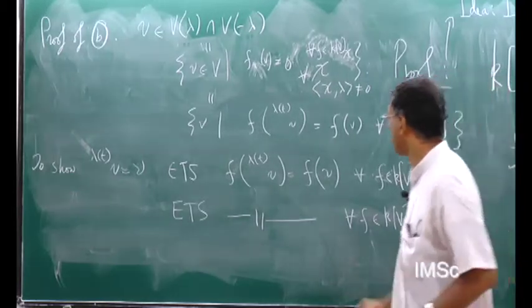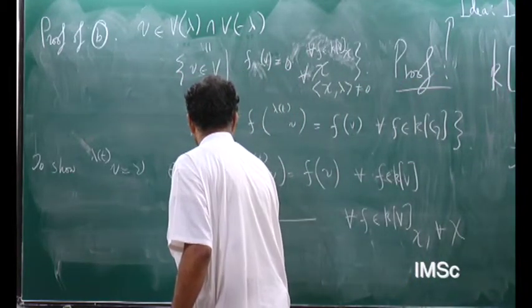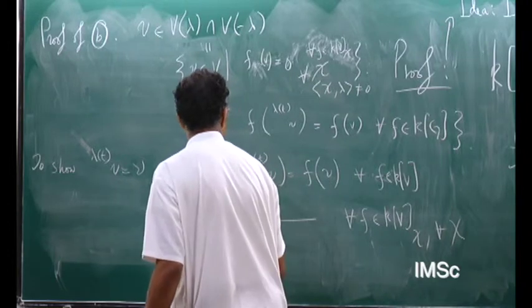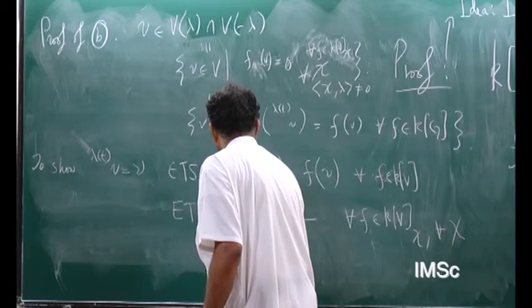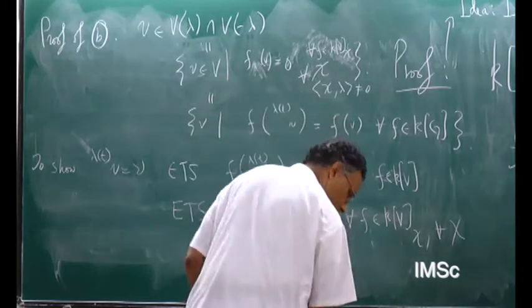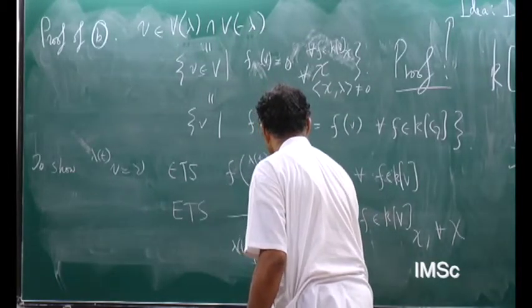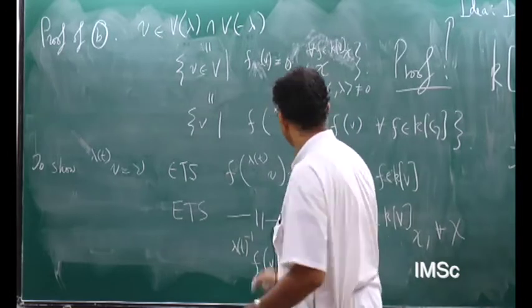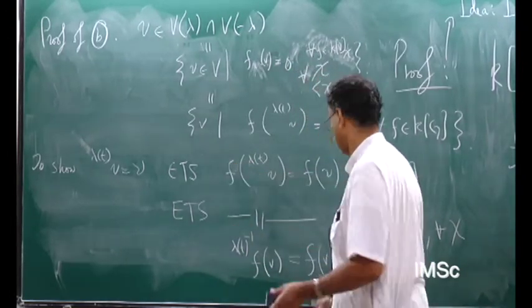Correct? So let's compute this. So this is lambda t inverse of f of v. Right? So I push this to this side. Correct? Okay.